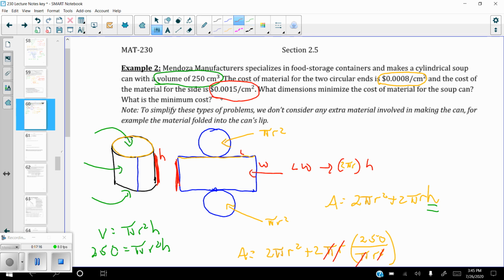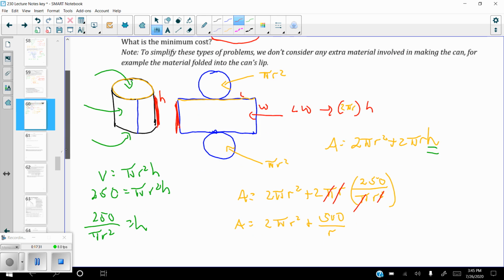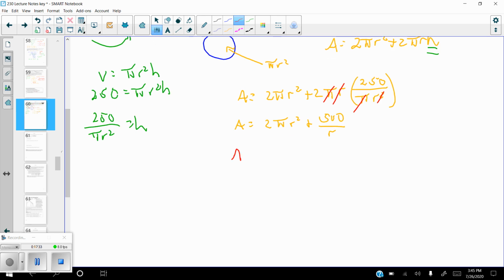So I have to multiply that by each one of these pieces before I can take the derivatives. We're going to multiply the top and the bottom, that's the 2 pi r squared, by 0.0008. So let's go ahead and write that in. The area now becomes 0.0008 times 2 pi r squared.